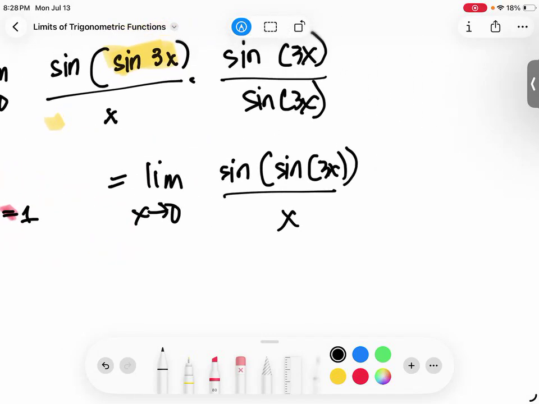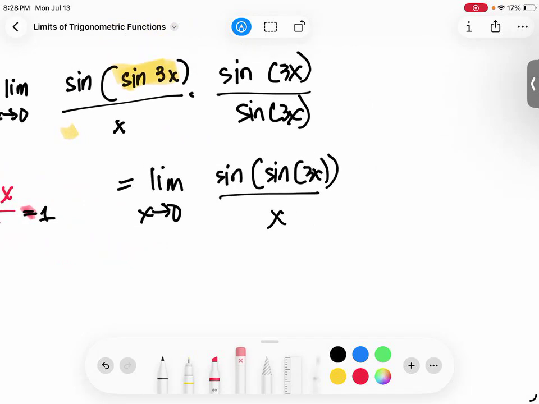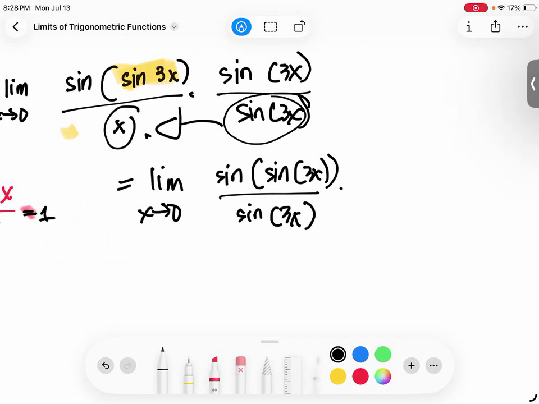Now you will put this here, so this will be sine of 3x as well. And then put this here, sine of 3x over x.